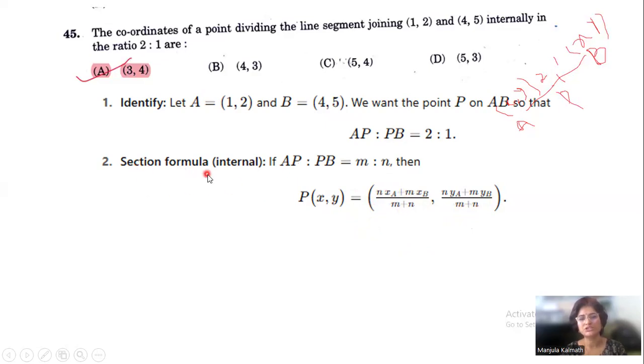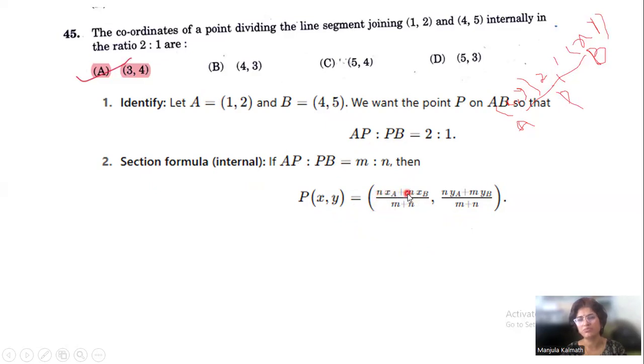So here we have the section formula AP:BP equals M:N. Then here we have P of (x, y) equals (N times XA plus M times XB) over (M plus N). We just have to substitute the values.